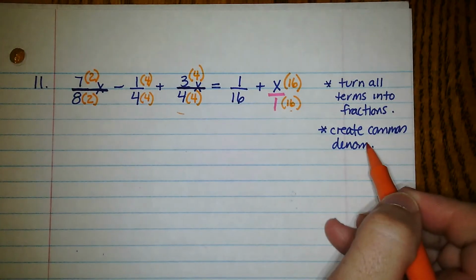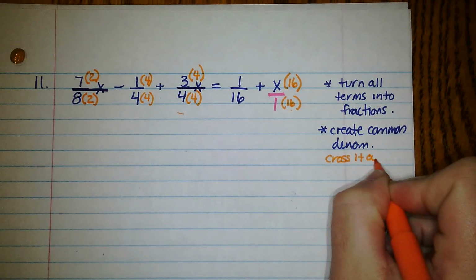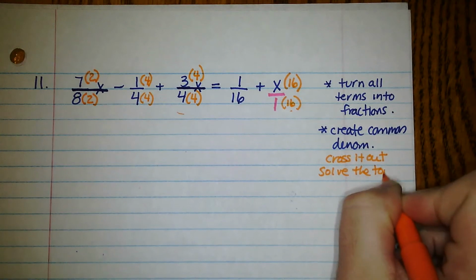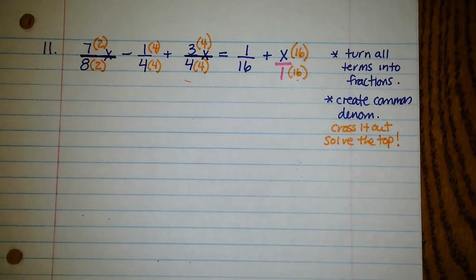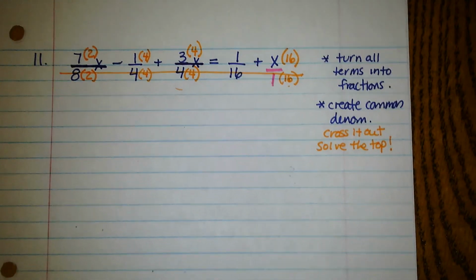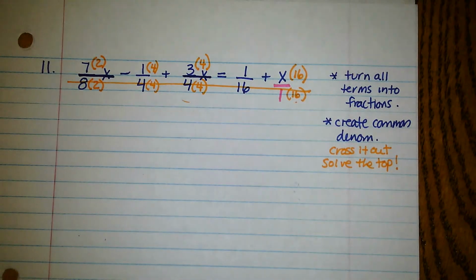So once we create a common denominator, we can cross it out and solve the top. So this is going shoom. Remember when we saw at the top that you still have to do your multiplying, okay? And keep your signs.